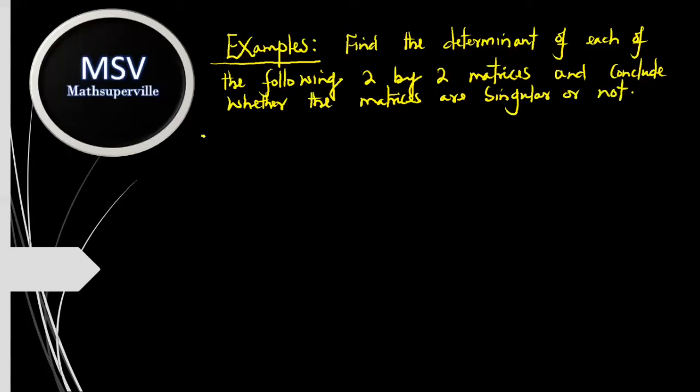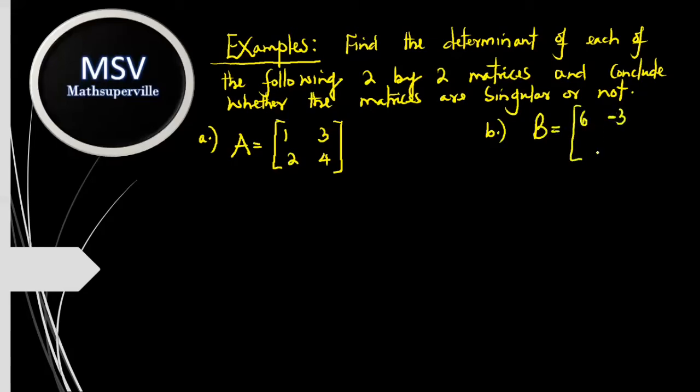So matrix A consists of the elements 1, 3, 2, and 4. And matrix B consists of the elements 6, -3, 4, and -2.